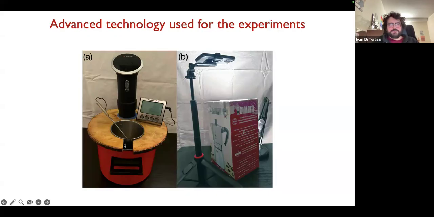It basically allows you to keep the water at a fixed temperature, and then you have this pot where you put the sauce at the different concentrations of starch, water, cheese ratios, all the ones that you are interested in. And then you have this other thermometer that allows you to measure the temperature of the sauce within the pot, because there is always a 5-degree difference between the temperature of the heat bath and the temperature of the sauce.